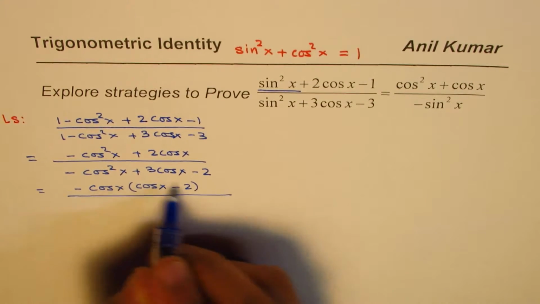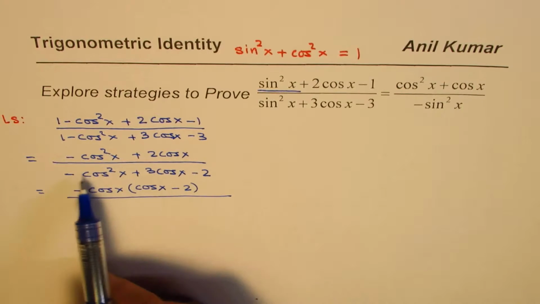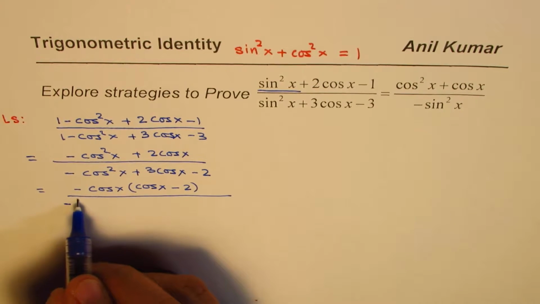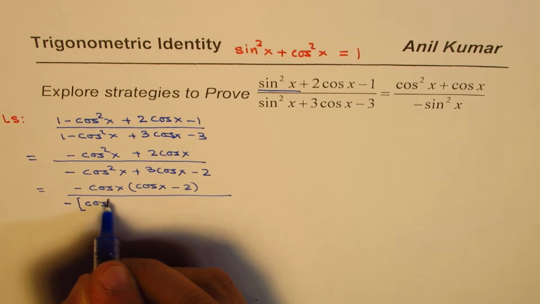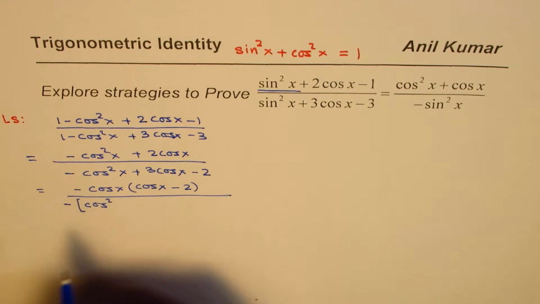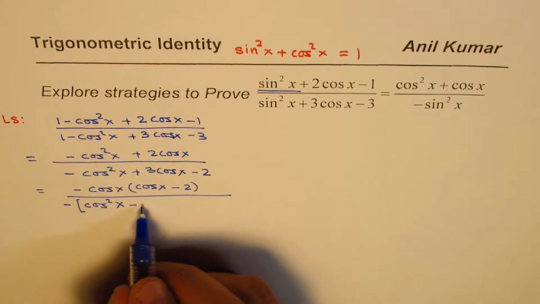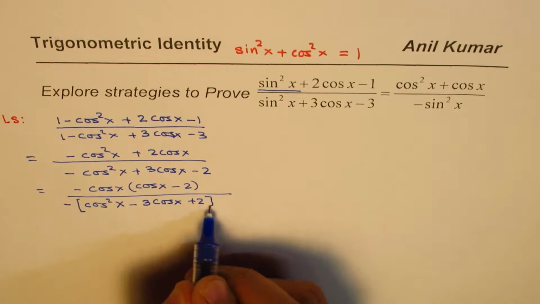In the denominator, it's better to take minus common first, rewrite this, and then we will factor. I always prefer to have this coefficient positive. If I take minus common, these signs will change, so we have cos²x minus 3 cos x plus 2.